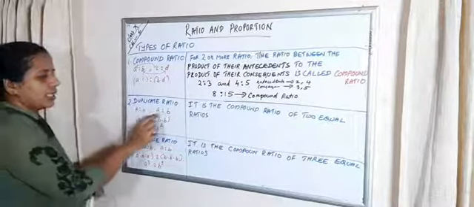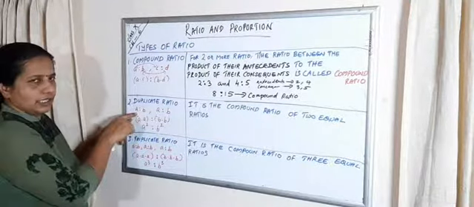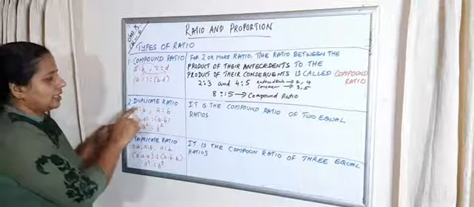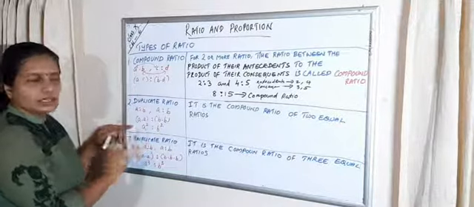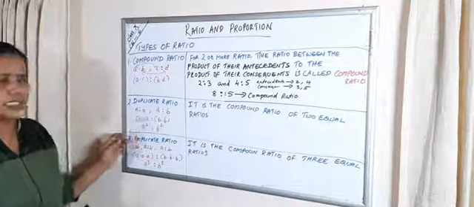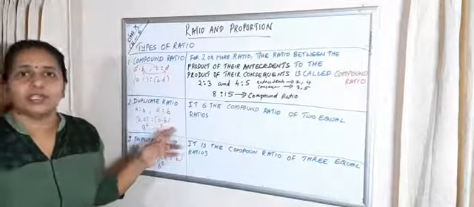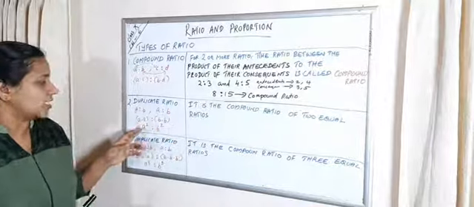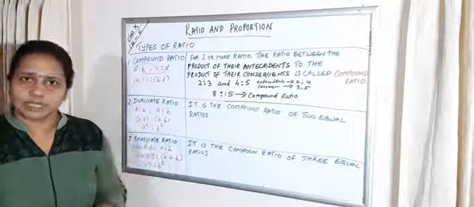Then taking the antecedents, A into A is to B into B, that is equal to A square is to B square. That is, duplicate ratio means we are making the ratio as squares. It is the squared ratio of the given ratio.